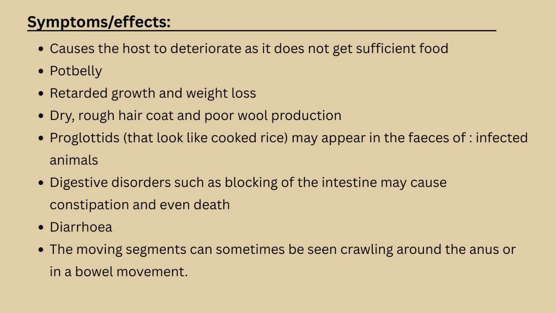Proglottids, that look like cooked rice, may appear in the feces of infected animals. Digestive disorders such as blocking of the intestine may cause constipation and even death. Diarrhea. The moving segments can sometimes be seen crawling around the anus or in a bowel movement.